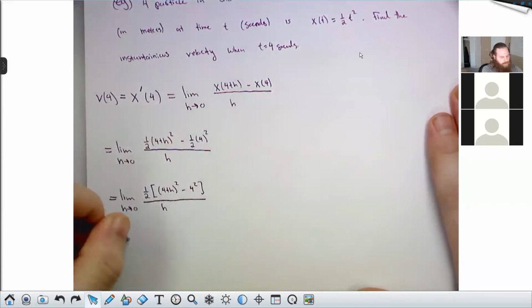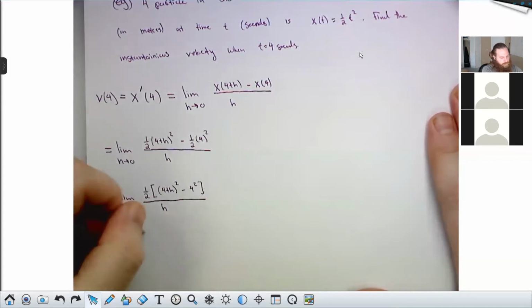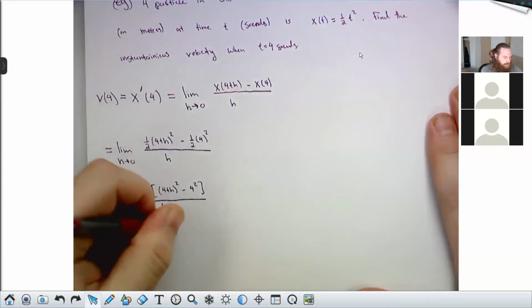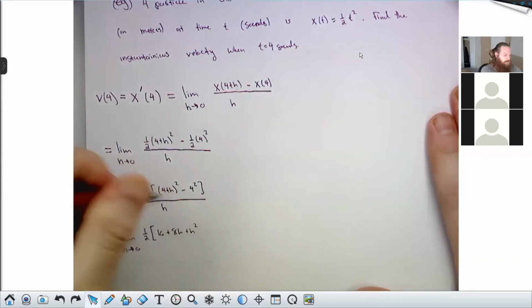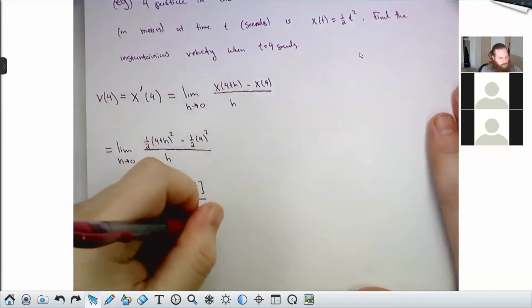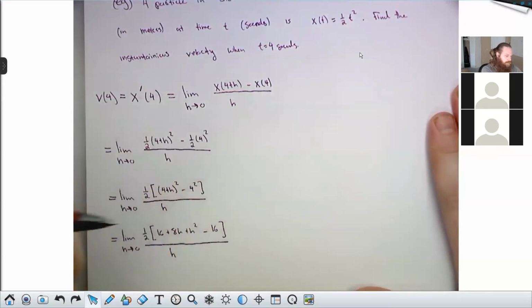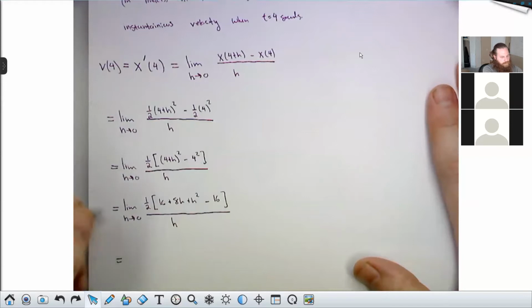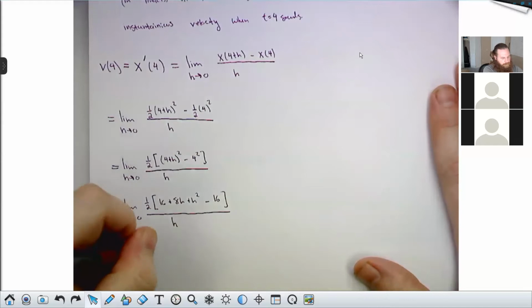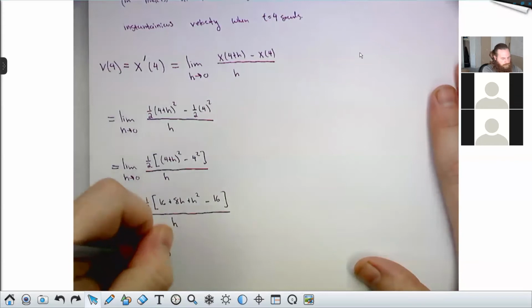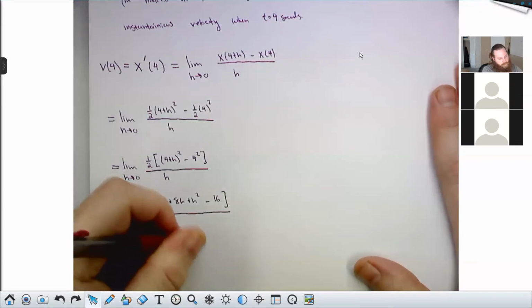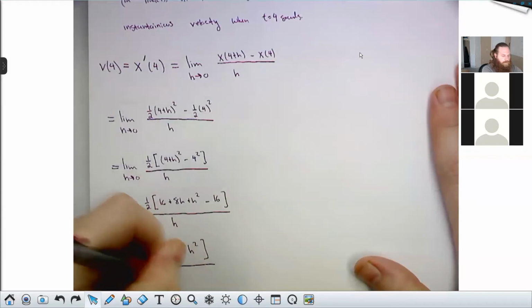And now we can start working with the algebra. 4 plus h squared is 16 plus 8h plus h squared, minus 4 squared, which is minus 16. The 16s eat each other up. I get the limit as h goes to 0 of 1/2 times 8h plus h squared, all over h.